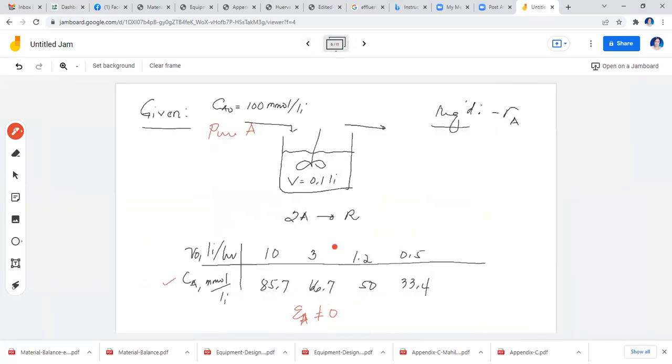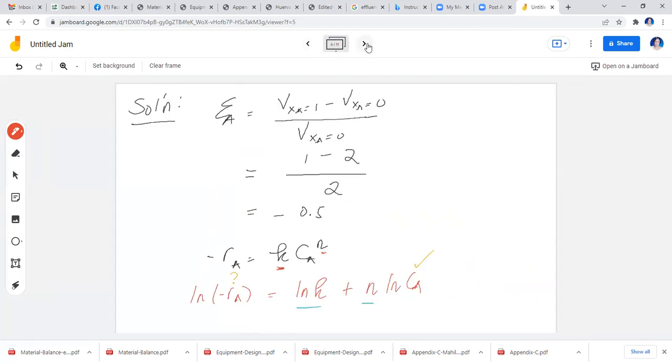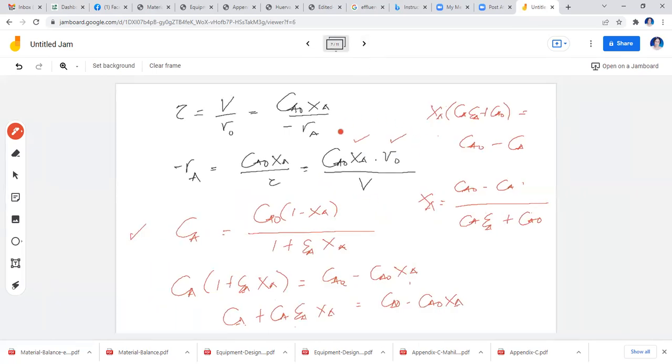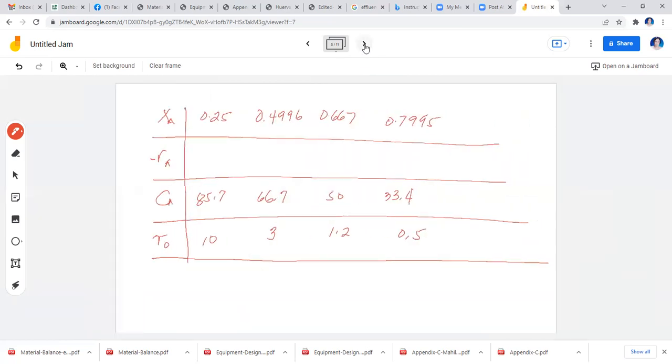Let me check. Okay. And your working equation is this. For the rate, CAO XA VO over V. So have a piece of paper ready for the rate. That's your formula. And you need the XA and the VO in here. So the first rate will be given to me by, let me check. So there's only 6 of you, so some will have to do it again.